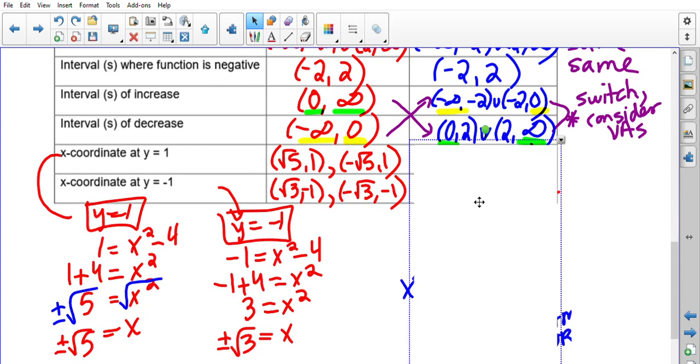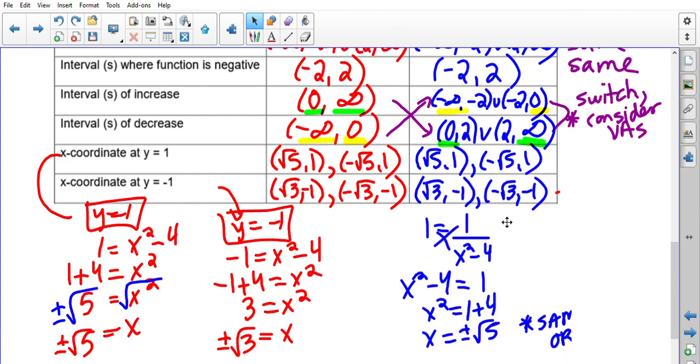And here, these are going to be our points of intersection. And I just showed at the bottom here how you can see that even if I plugged in a y value of 1 into the reciprocal equation, when you cross multiply, you just get x squared minus 4 equals 1 back.